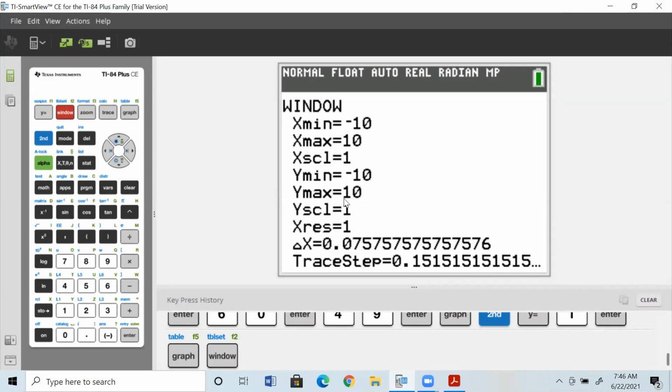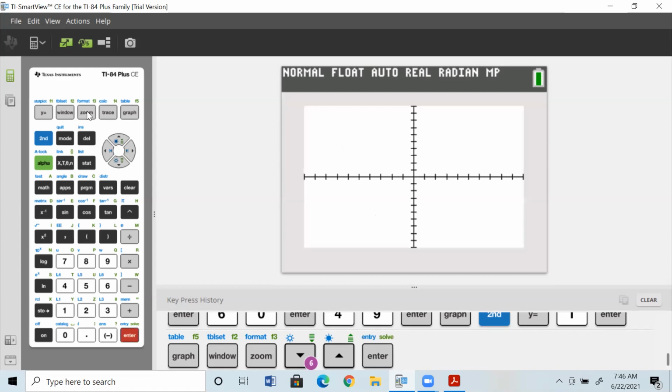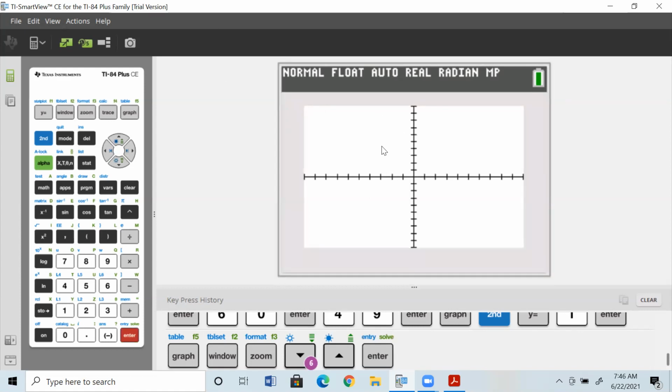Your calculator settings may have become a little mixed along the journey. So if it doesn't look like this, you can always hit zoom and 6 for standard. That takes you to this -10 by 10 viewing window.